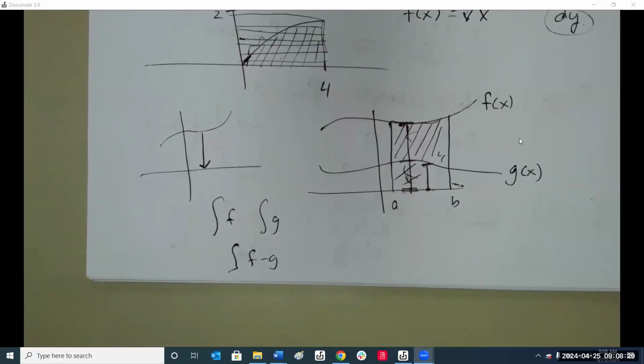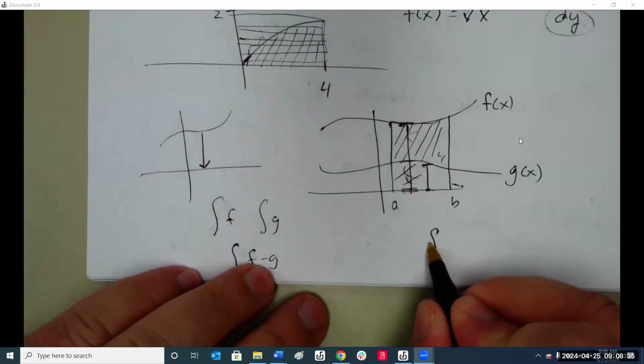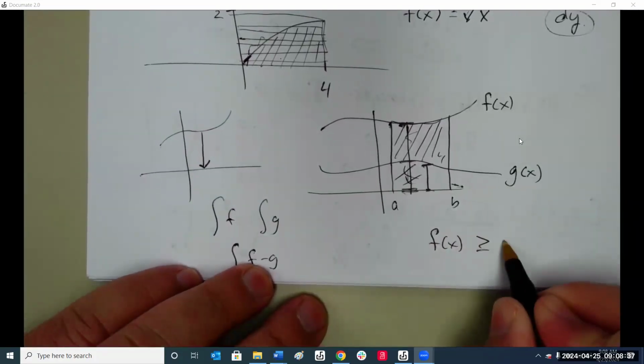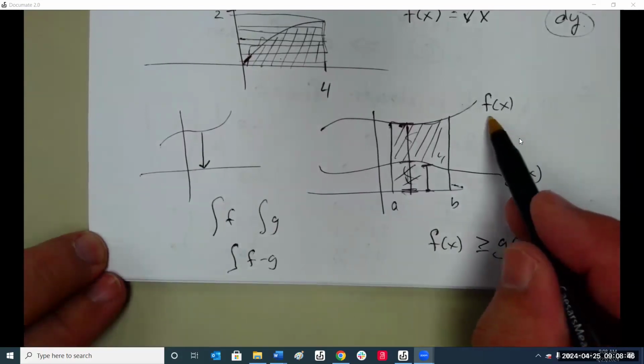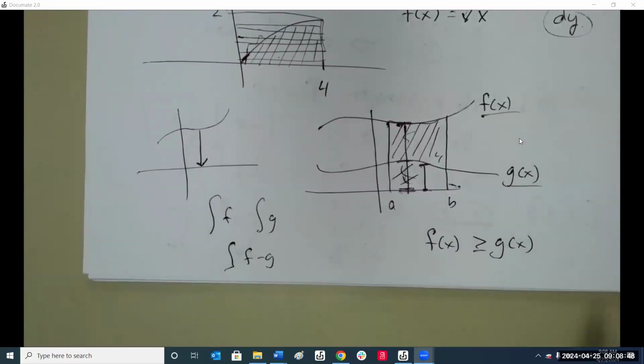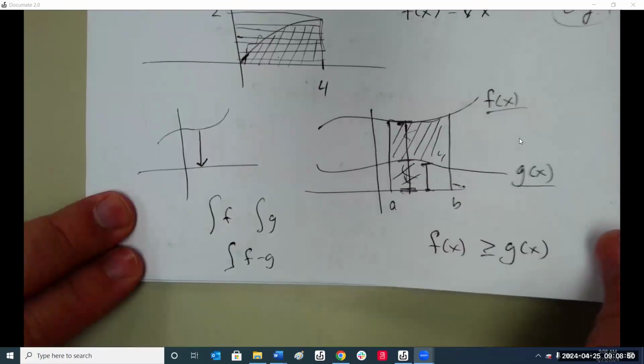So whenever you have two functions and you find the area between them, always take the higher function minus the lower function. So f of x has to be higher than g of x. Let me put an example here.